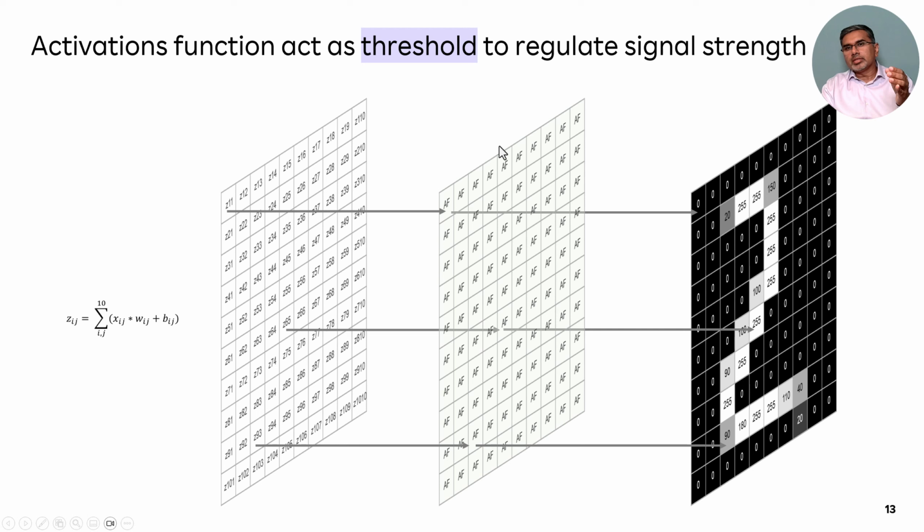So the thresholding function of an activation function is to figure out at what intensity, or if at all, each neuron is activated, which is essentially the signal strength that it's passing from one layer or one neuron to another neuron.